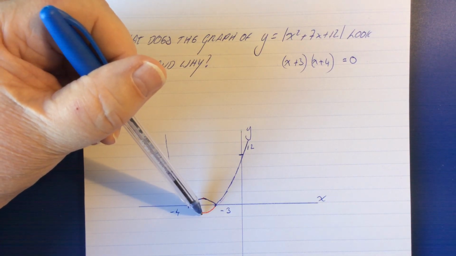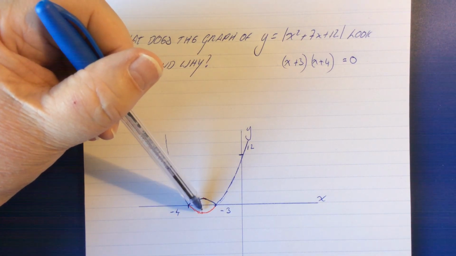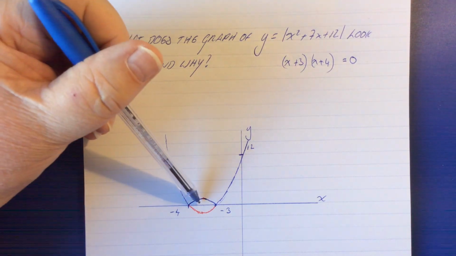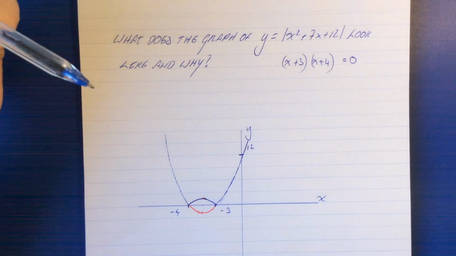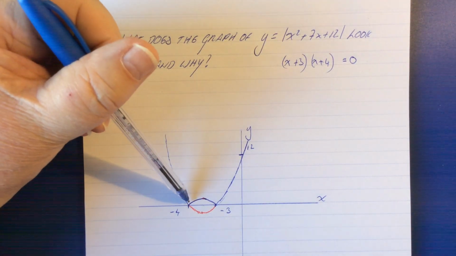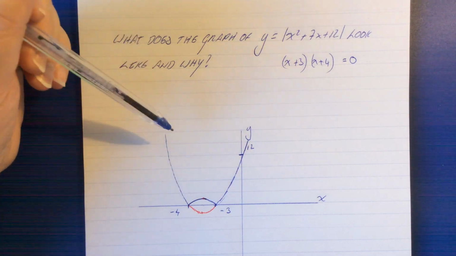And the distance is whatever this distance is. But distance, having magnitude, is positive. And that is the reason that this graph looks like this.